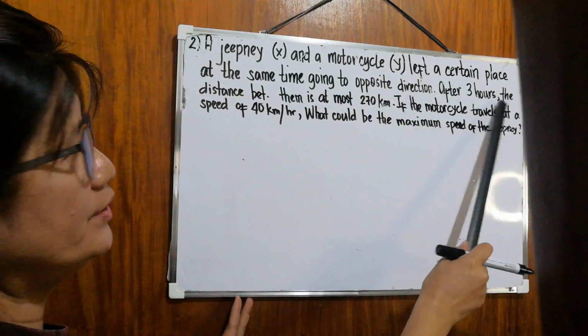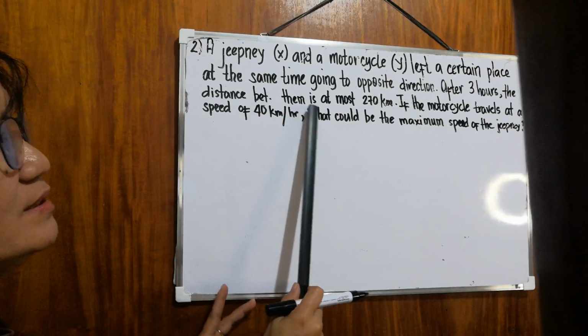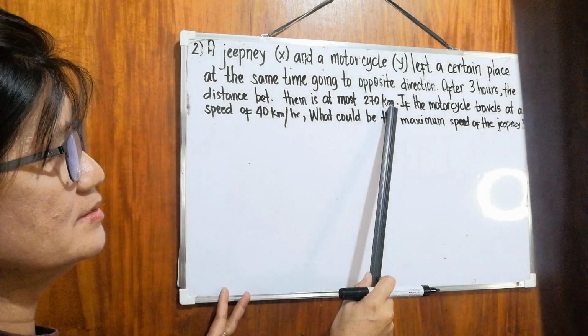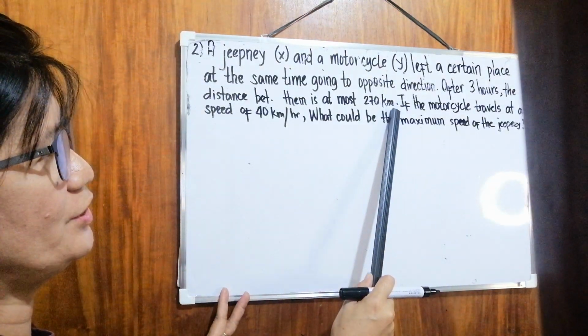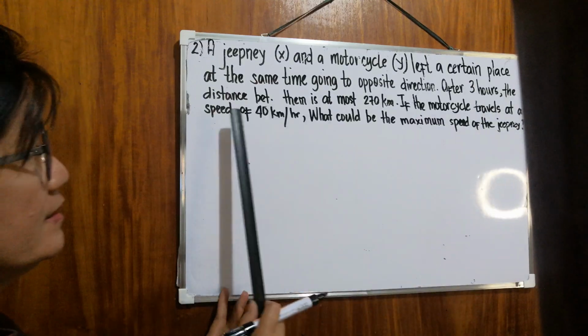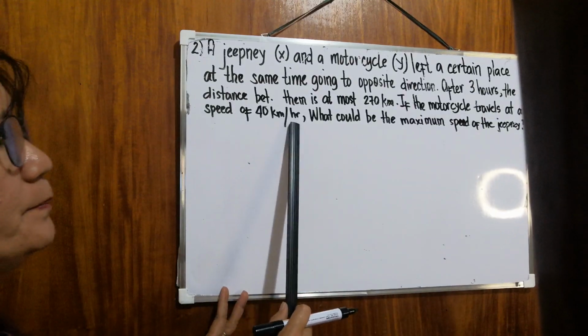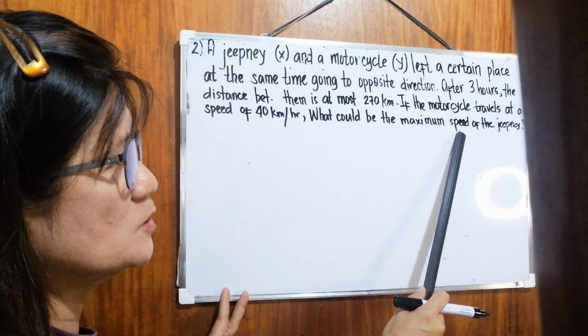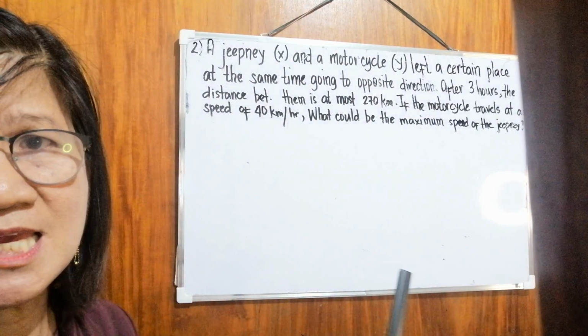After 3 hours, the distance between them is at most 270 kilometers. If the motorcycle travels at the speed of 40 km per hour, what could be the maximum speed of the jeepney?